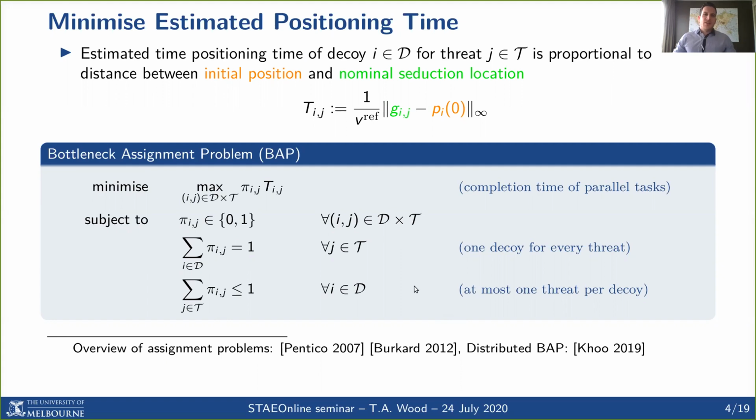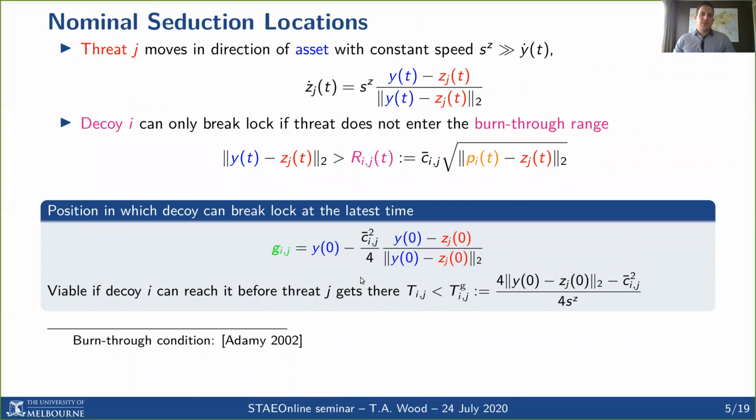Here today, I'm just looking at the application of this to the navigation of decoys and investigating properties that we obtain from solving this assignment problem. To be able to get the weights in the graph, we need to determine one position that we want to navigate towards that determines the cost of assigning a decoy to a threat.